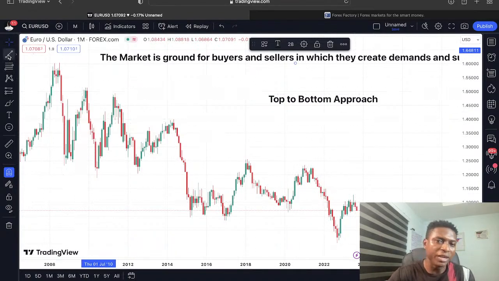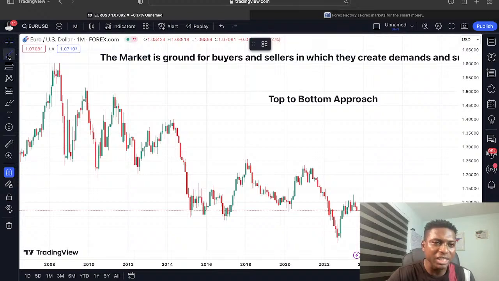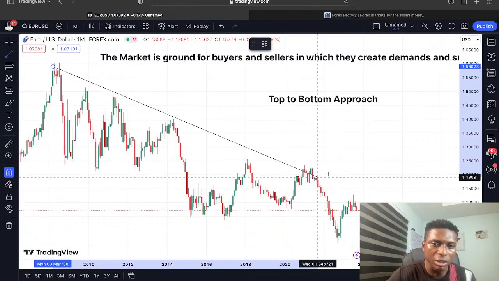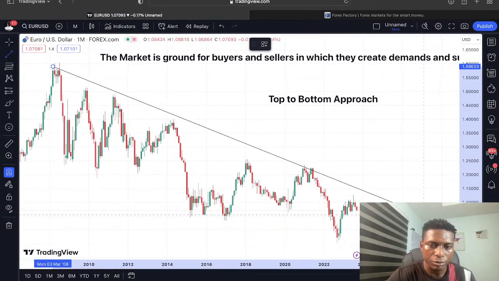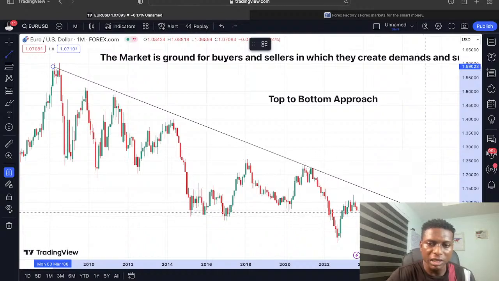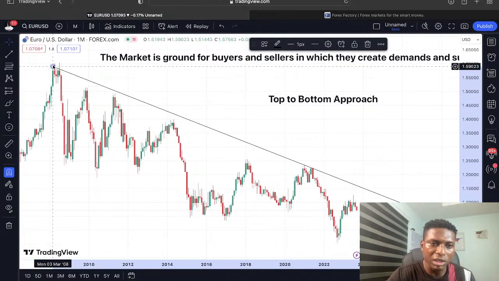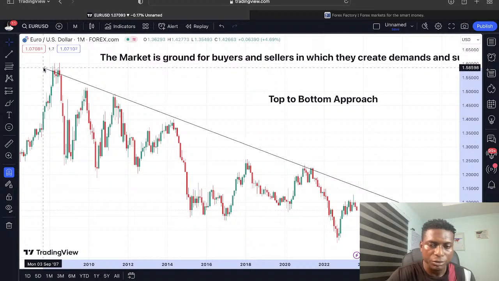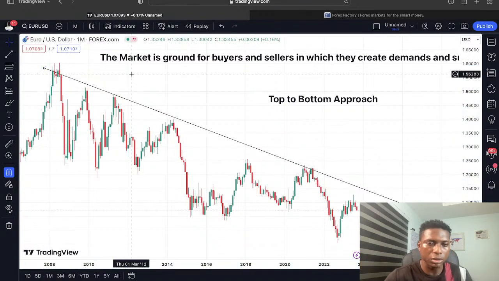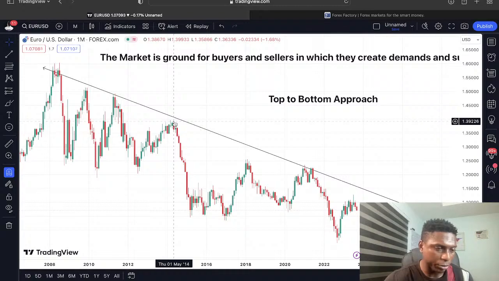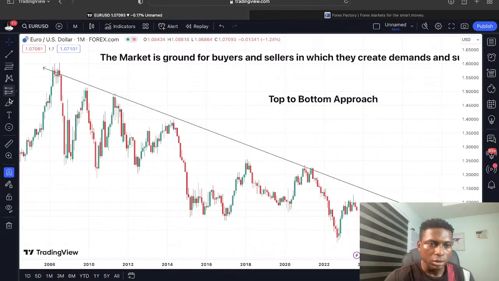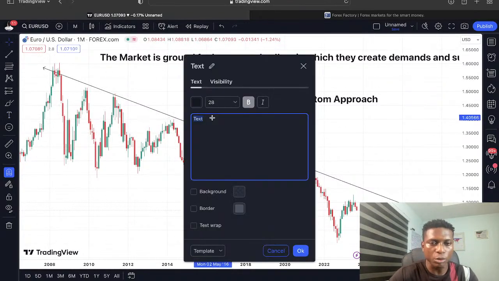So first we want to understand what the current market structure is on the monthly time frame. We can see that the current market structure on the monthly time frame is a downward slope.